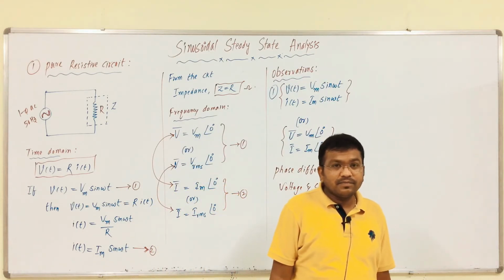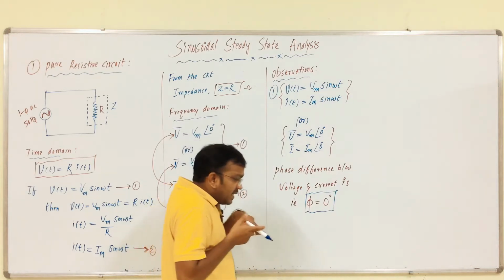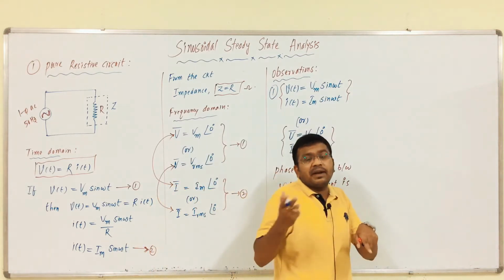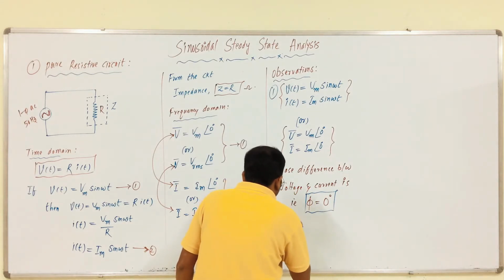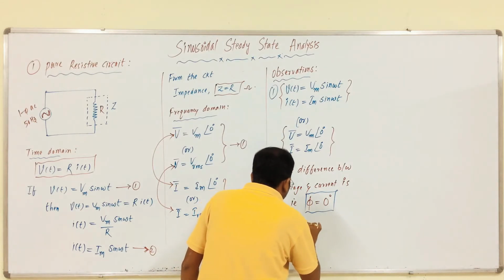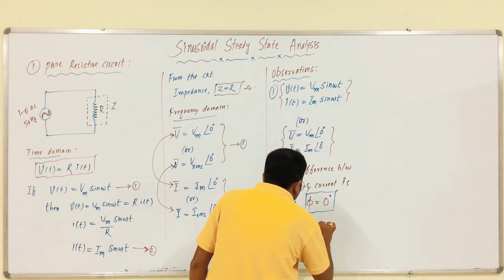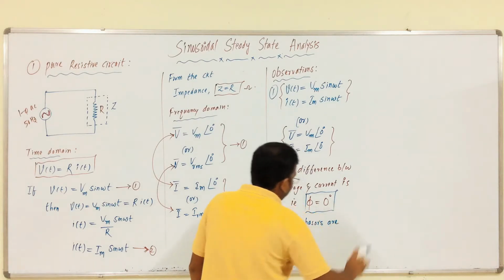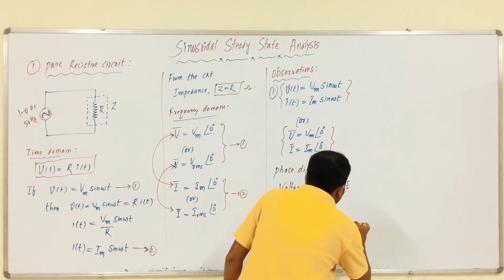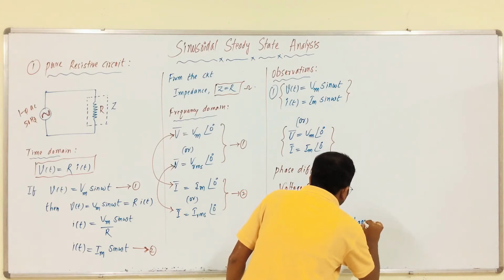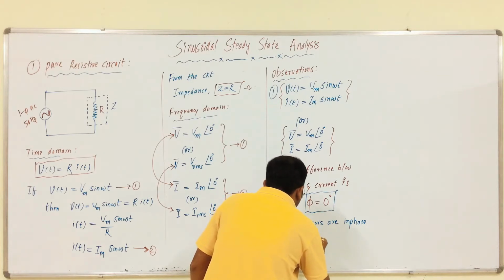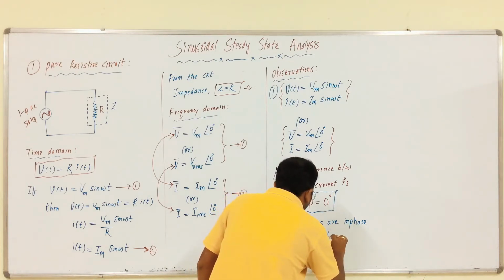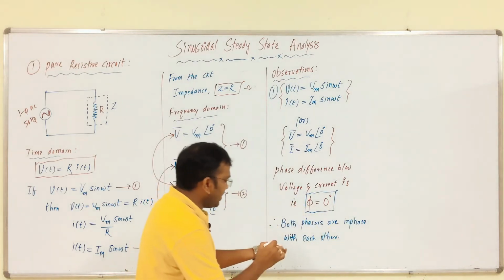Then how are they represented in phasor representation? Therefore, both phasors are in phase with each other. Sir, what is this in phase, sir?